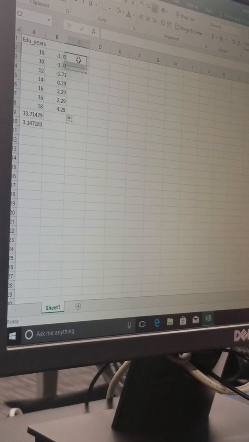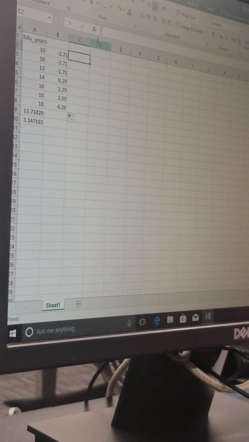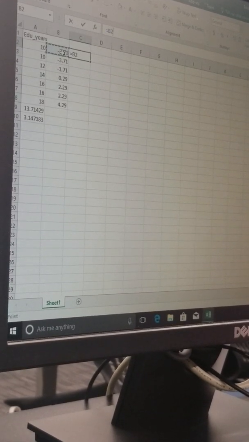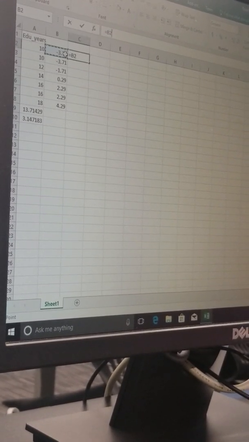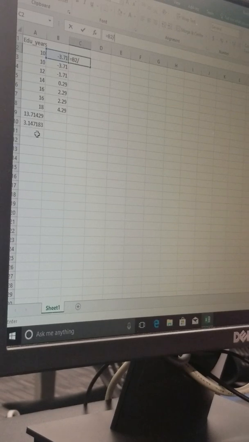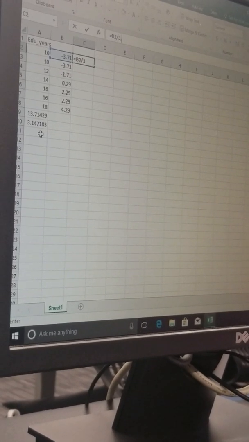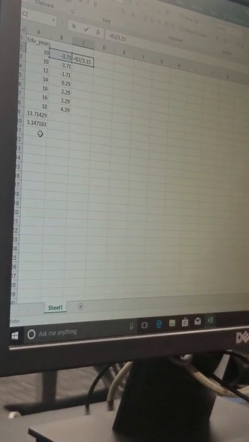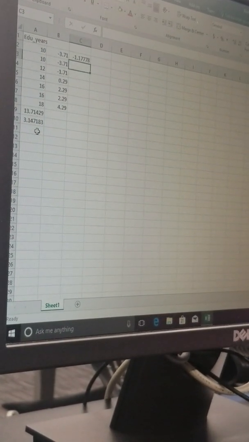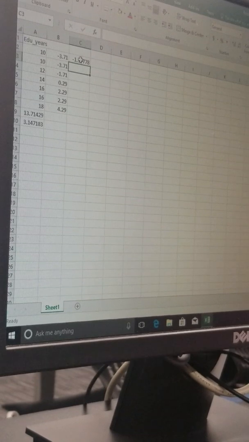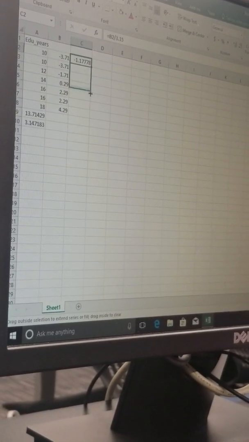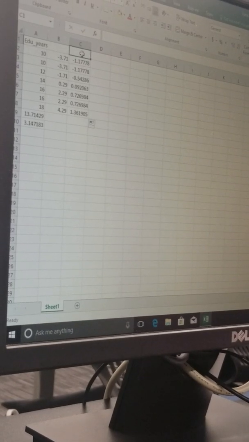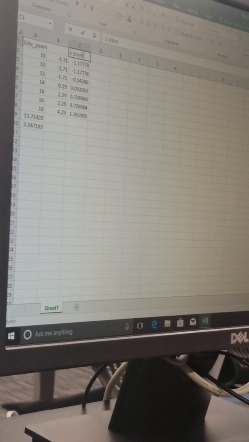Our next step, we come over here. Equals this number we just calculated divided by the standard deviation of 3.15. I rounded. Click enter, come back, click and drag. These are our z-scores.